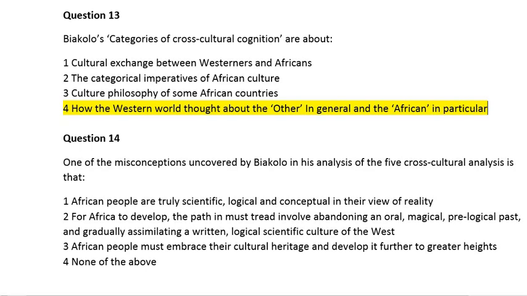Number 3, African people must embrace their cultural heritage and develop it further to greater heights. Number 4, none of the above. So guys, here the correct answer is number 2, which is for Africa to develop, the path it must tread involves abandoning an oral, magical, pre-logical past and gradually assimilating a written, logical, scientific culture of the West.